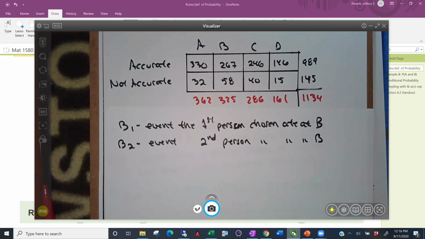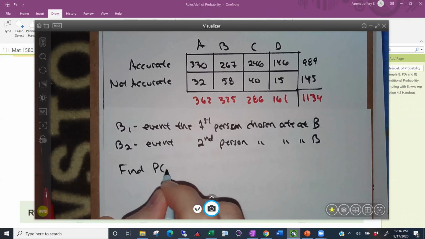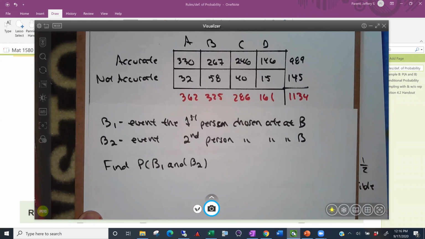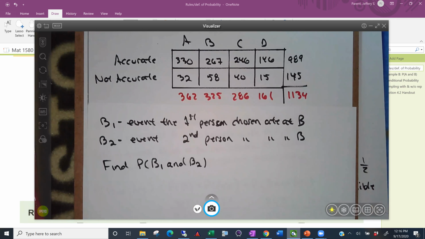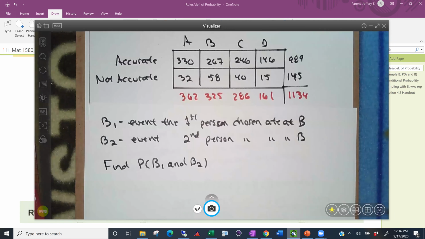Now we're going to calculate a different probability, and we're going to calculate it 2 different ways, or under 2 different circumstances. I could ask you to find the probability of B1 and B2. In other words, I'm asking you to find the probability that we can pull 2 people in a row out of this table at random that ate at restaurant B. And let's see what that probability turns out as.